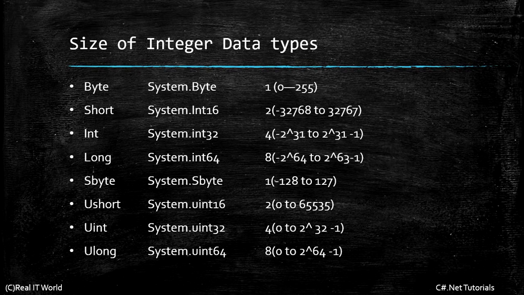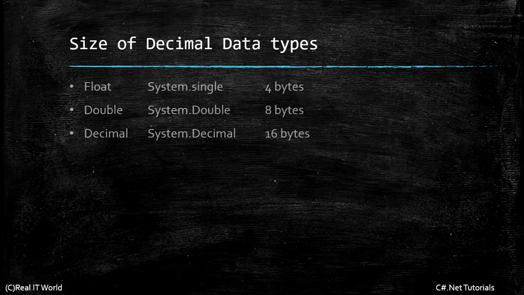These are integer data types, and these are decimal data types: float, double, decimal, 4 bytes, 8 bytes, 16 bytes. Based on our requirement, based on our data storage, we can use different types. If you want to store a small range of data, you can go for 4 bytes, then 8 bytes, then 16 bytes.